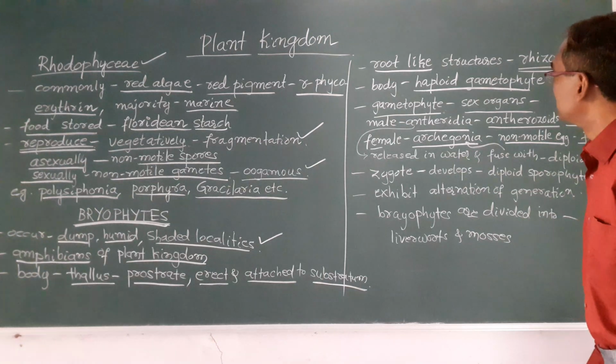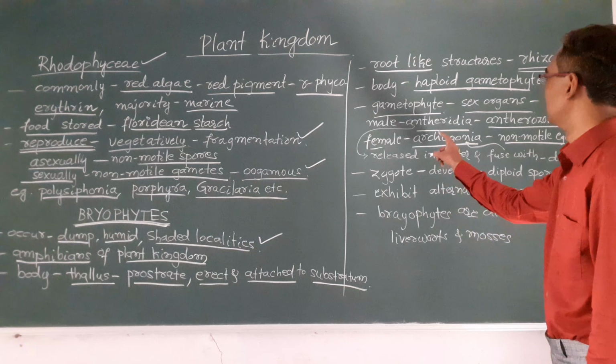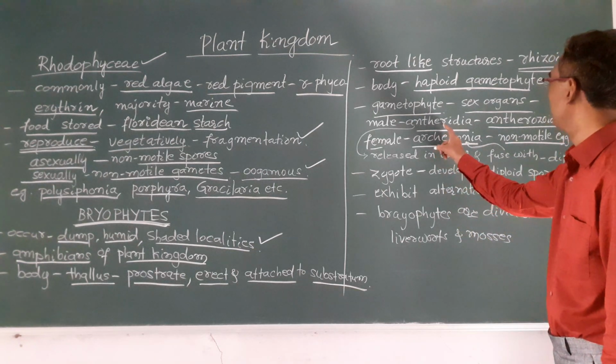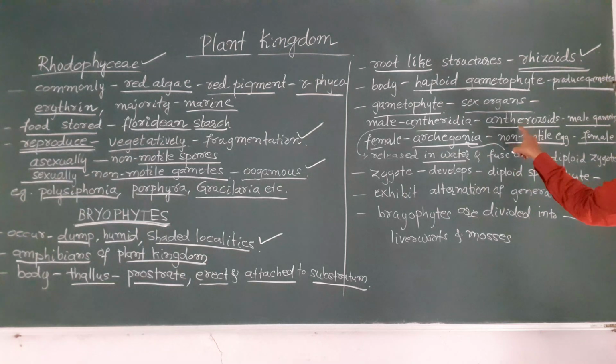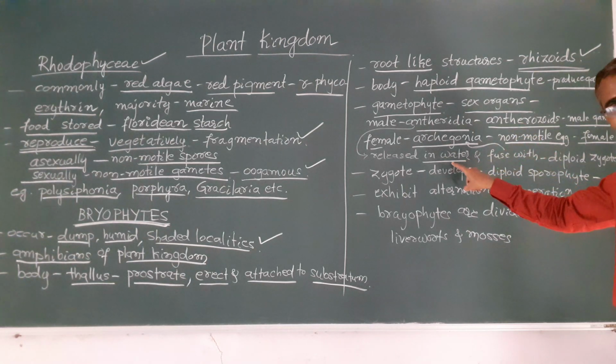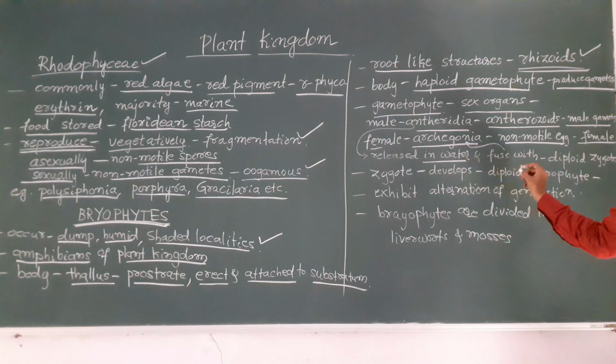Further, the antherozoids, that is the male gametes, are released in water, and they come in contact with the female gamete, that is the egg, and fuse.